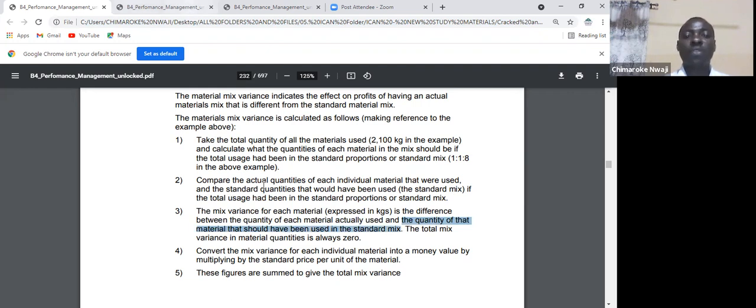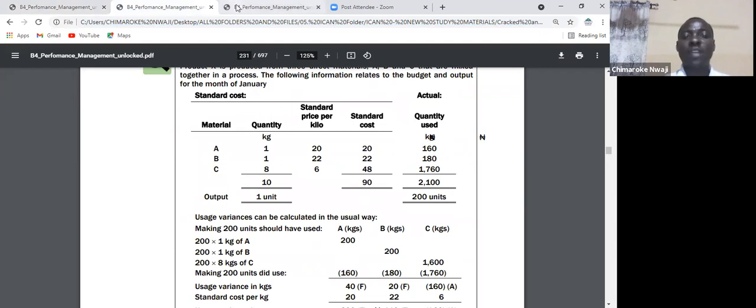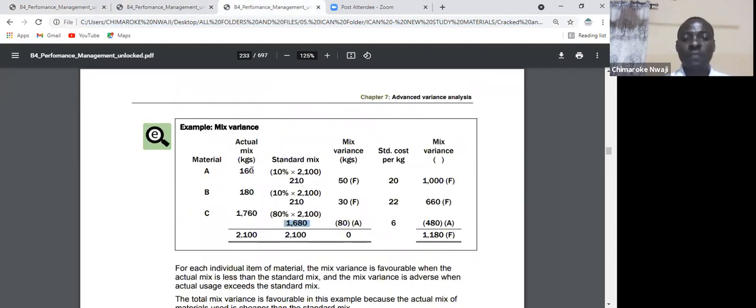What it means here, you are going to find the difference between this figure of 160 and this figure of 210. So you know, standard is what you budgeted for. You have your standard mix of 210. Your actual mix here is 160. So what is the difference in mix variance? It is 50 favorable because your actual mix was 50 better than the standard.